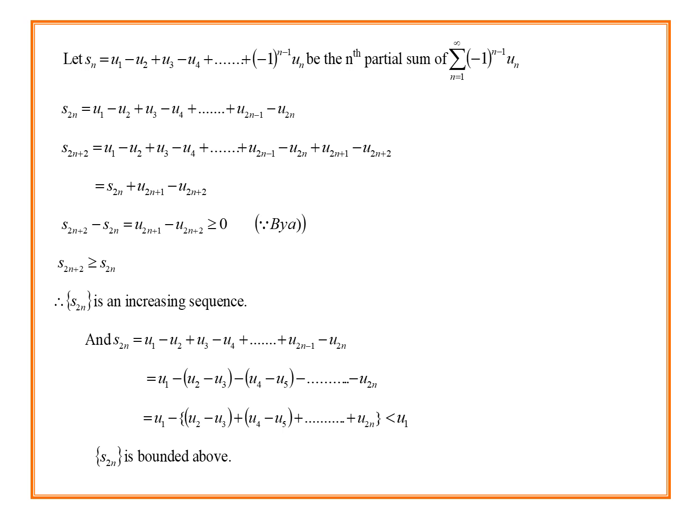Therefore it is u1 minus the remaining terms written as one term, that is u2 minus u3 plus u4 minus u5 plus so on plus u of 2n. This value is always less than u1. So the condition of boundedness above is satisfied. Therefore the sequence S of 2n is bounded above.